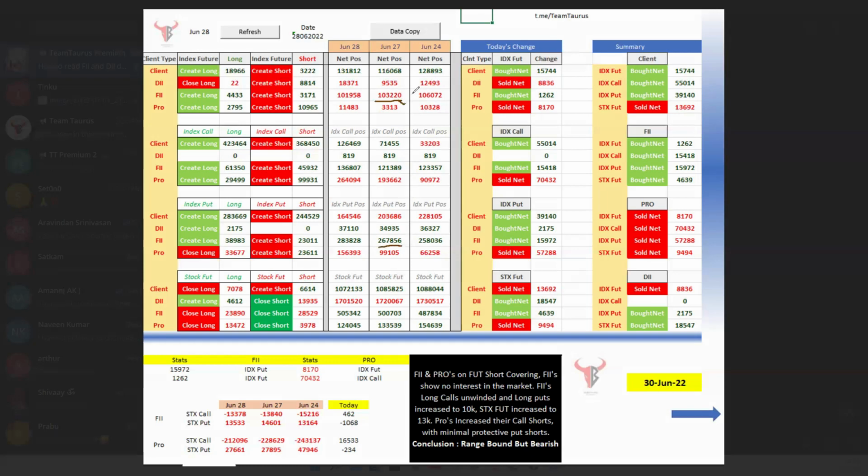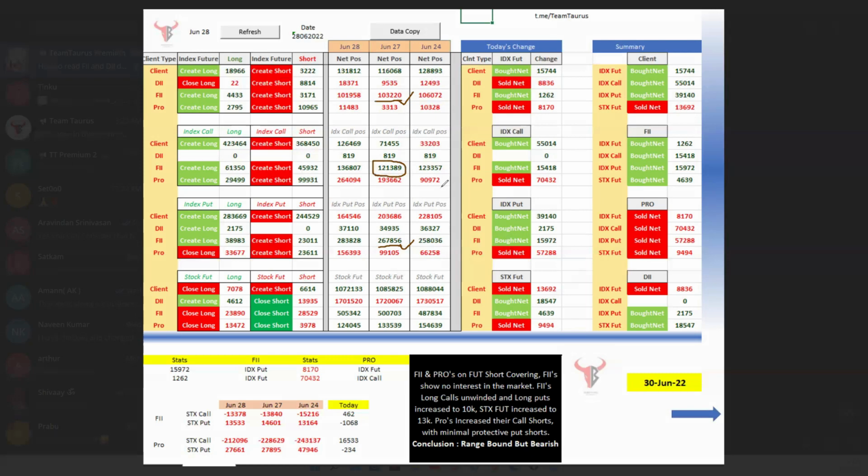Adding 267K and 100K, that is nearly 367K positions short, which means they are clear that the market is going down, and only 121K is long in index.